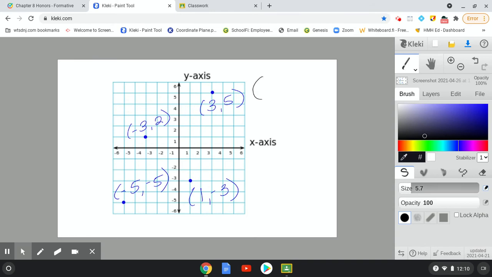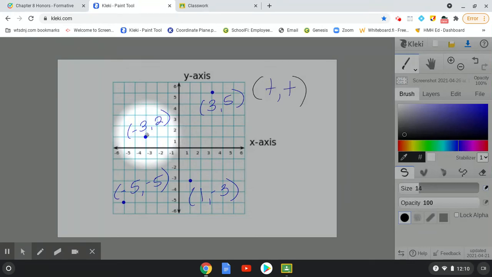So this would be positive, positive. Okay. Now for my coordinate -3, 2, which lands in quadrant 2, my x-axis is a negative and my y-axis is a positive. So if we were to plot this, it makes sense.